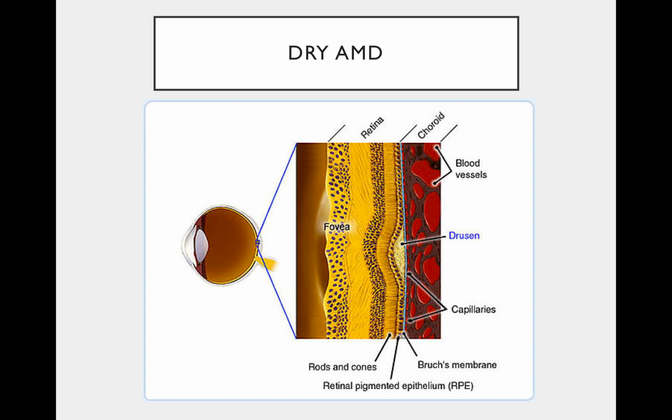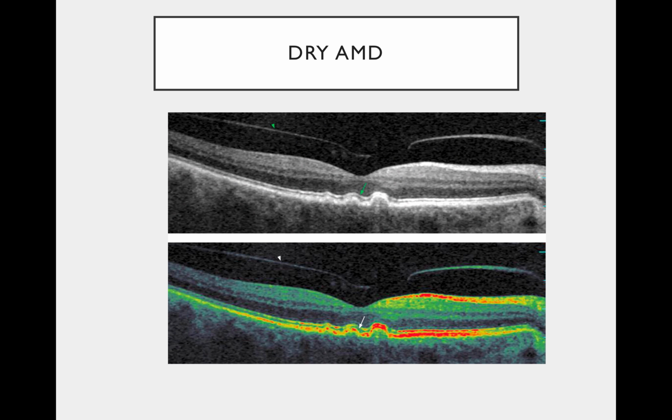In terms of dry AMD, the main culprit involved in vision loss is the formation of drusen. Drusen are deposits that form underneath the retinal surface. In fact, oftentimes they form underneath the retinal pigment epithelium. Here on OCT, these bumps that form underneath the retinal pigment epithelium are in fact drusen.